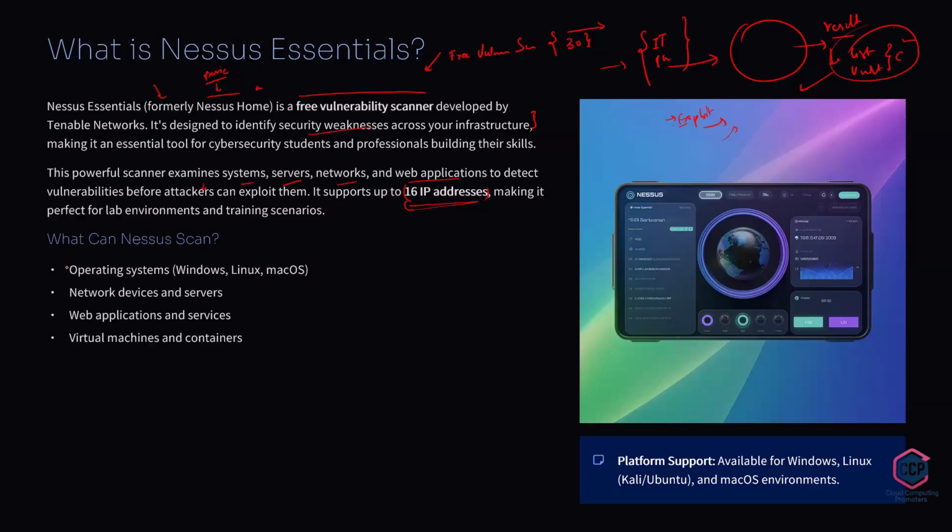What all can we scan right now? We can scan operating systems: Windows, Linux, Mac OS. We can scan network devices and servers. We can scan applications. We can scan virtual machines and containers.